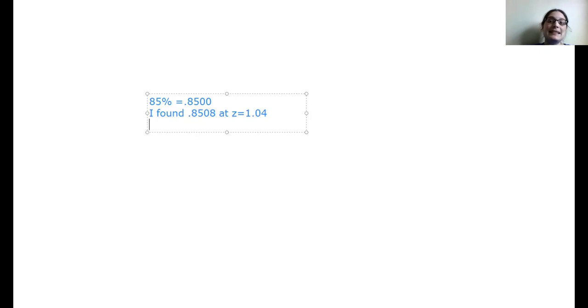Next, we use the z to get x. This is the reverse of what we were doing before. Z times the standard deviation plus the mean. So what was our standard deviation there? 14 with a mean of 34.